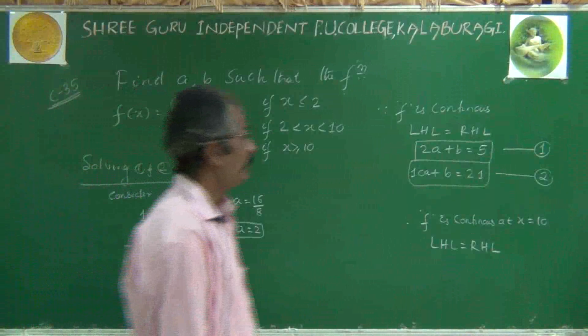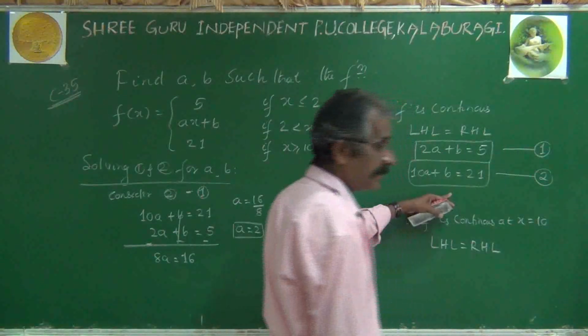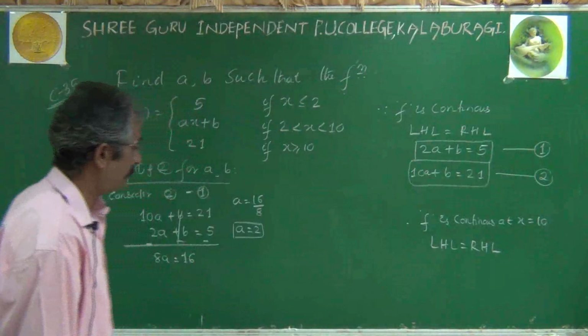Use the a value in either 2 or 1 to get the corresponding value of b.